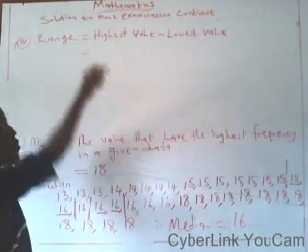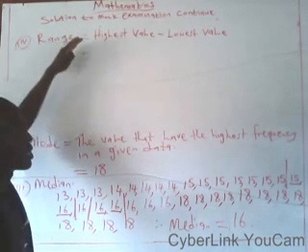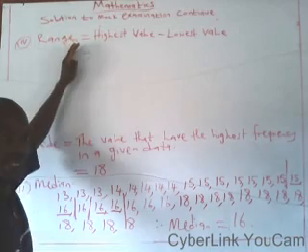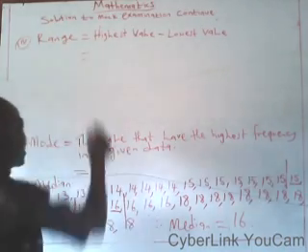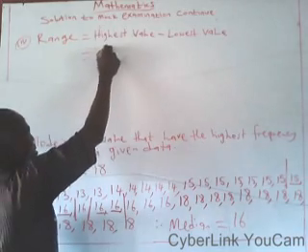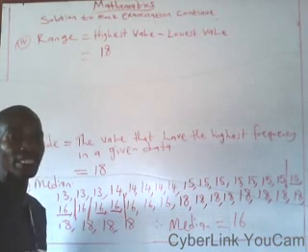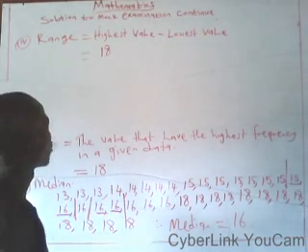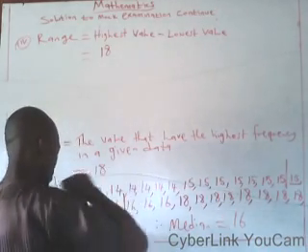Here we are going to make use of the highest score. The table is talking about the score of a test. What is the highest score that we have in the test? The highest score is 18 marks. What is the lowest score that we have in the test? The lowest score that we have is 13 marks.